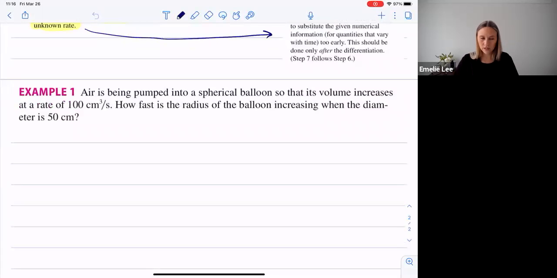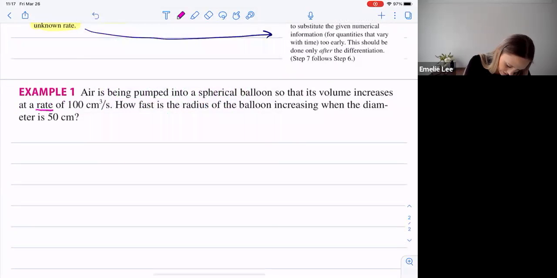to death. Okay, so we've got this spherical balloon and air is being pumped into it. So it starts deflated and then air is being pumped into it. And then the volume is increasing at a rate of 100 centimeters cubed per second. Okay. How fast is the radius of the balloon increasing when the diameter is 5 centimeters?